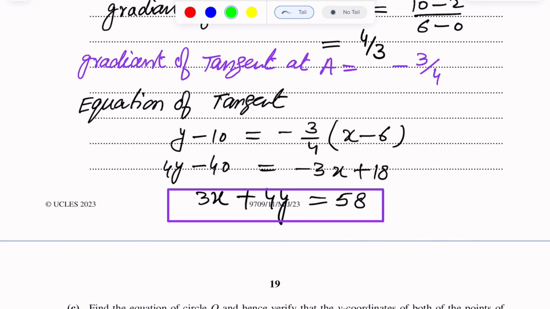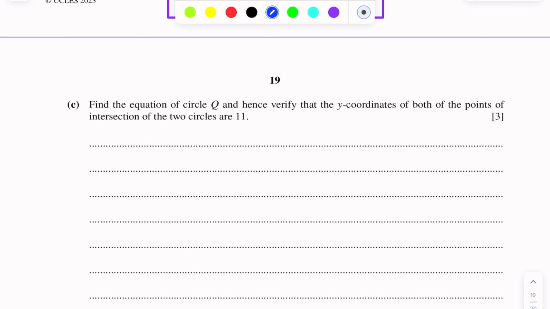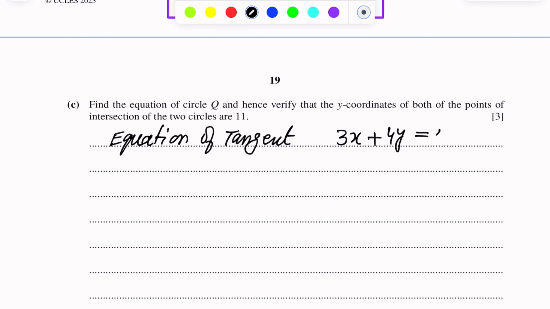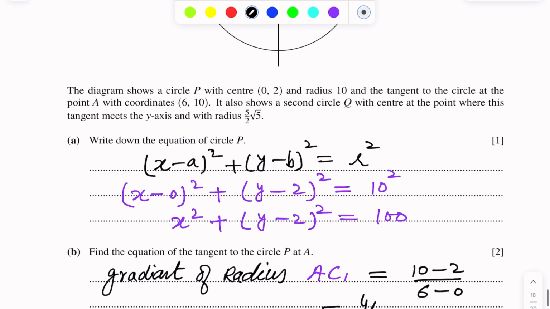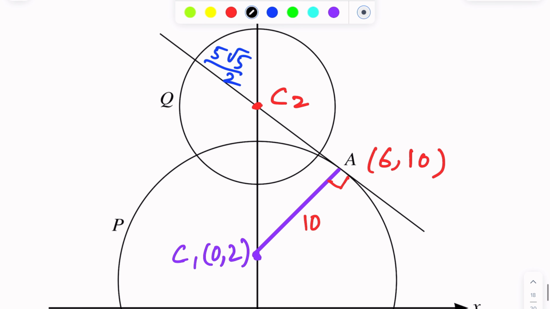The equation of tangent is 3x plus 4y is equal to 58. Now, since this tangent passes through the y-axis, x is equal to 0.